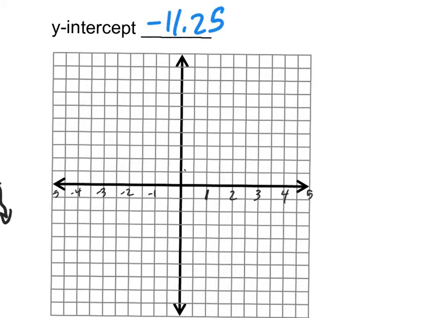So I could go, okay, 2, 4, 6, 8, 10, 12, 14, 16. Same thing this way. Negative 2, negative 4, negative 6, negative 8, negative 10, negative 12. That should be about all I need. Negative 14 as well. We'll do that.